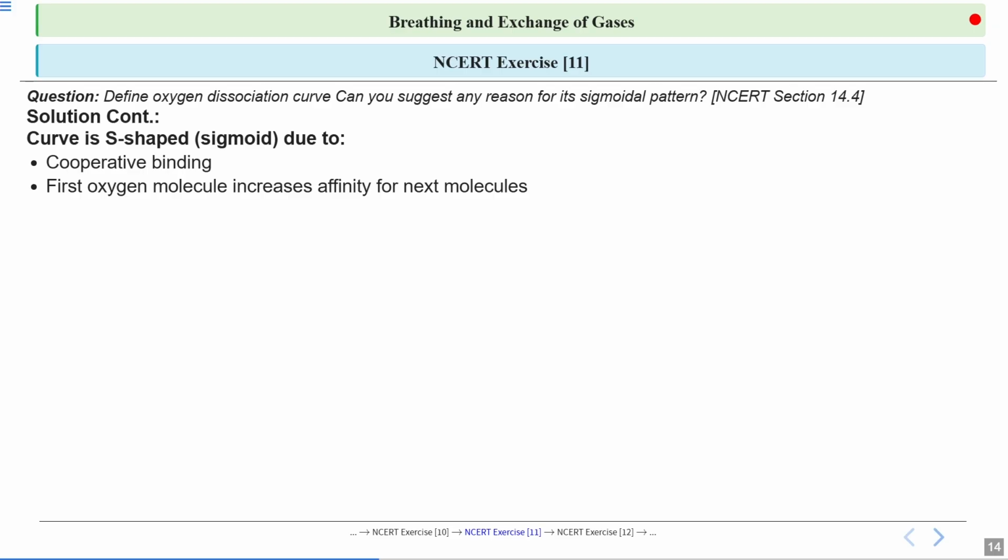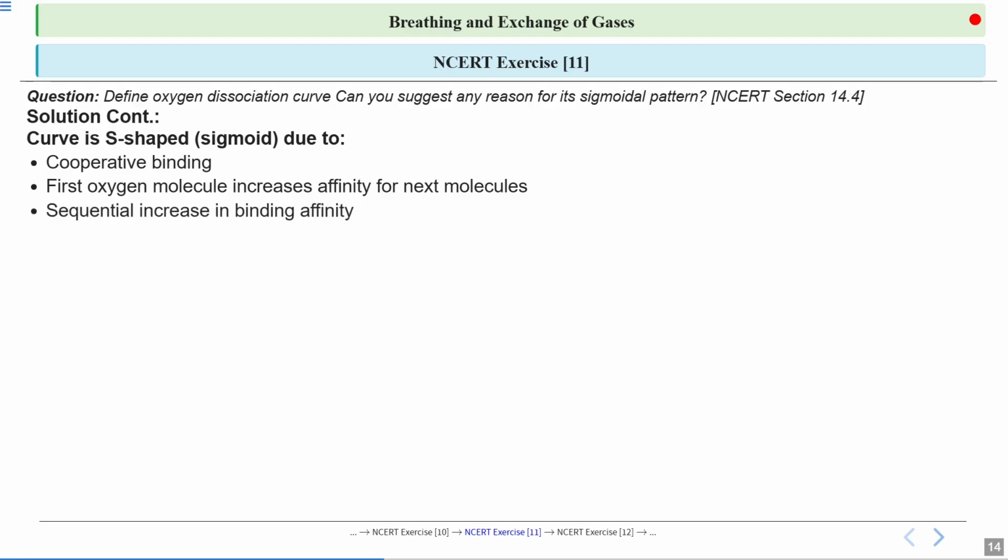So hemoglobin can take the first oxygen, and once it is attached to the first oxygen, the affinity for the next oxygen increases, right? That is why it is mentioned here: the first oxygen molecule increases the affinity for the next oxygen molecule.